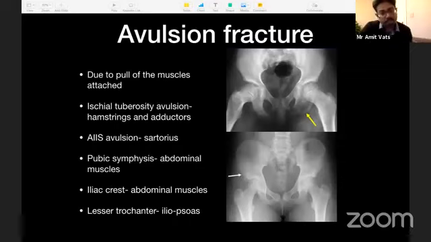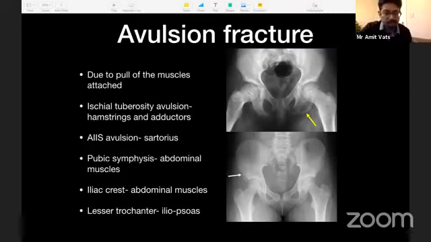Talking about avulsion fractures, they are due to pull of the muscles attached. Ischial tuberosity avulsion fractures because of pull on the hamstrings and the adductors. Anterior inferior iliac spine avulsion fracture, as we see in this X-ray, is associated with rectus femoris pull.